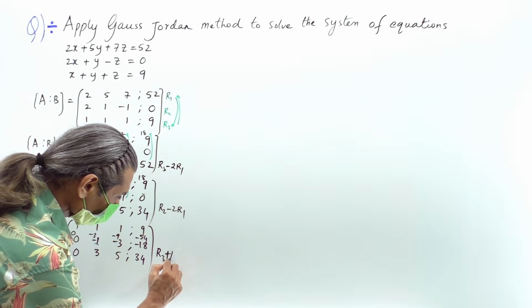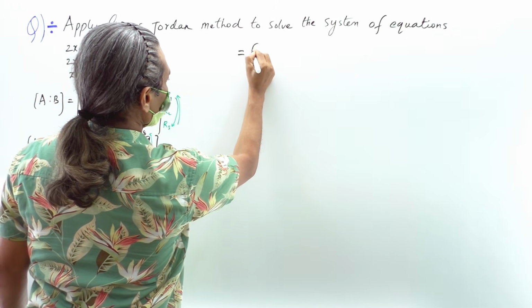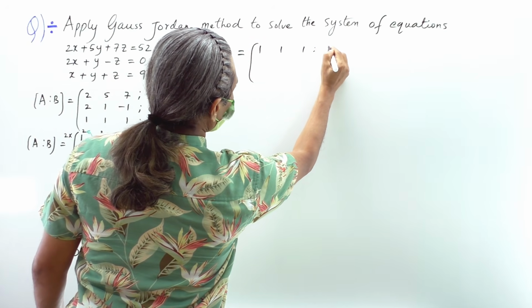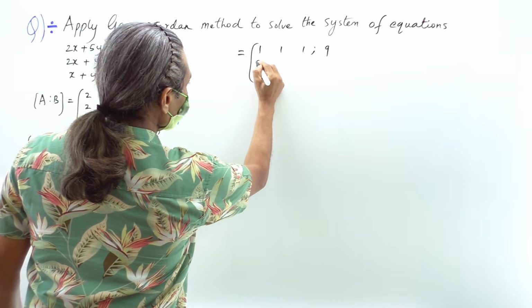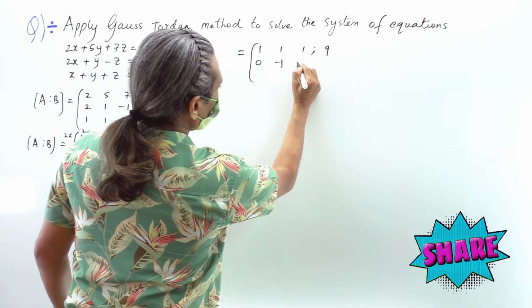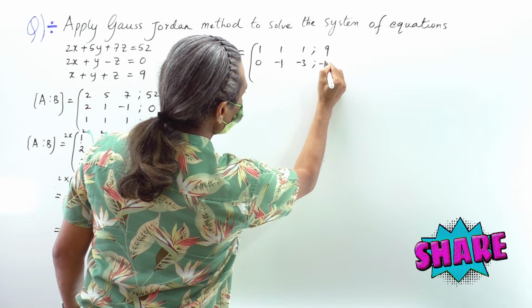So R3 plus R2. So this will be again now the new matrix: 1 1 1 augmented 9, then 0 minus 1. Always take this term below. Okay, this is the operation. 0 minus 1 minus 3 and minus 18.